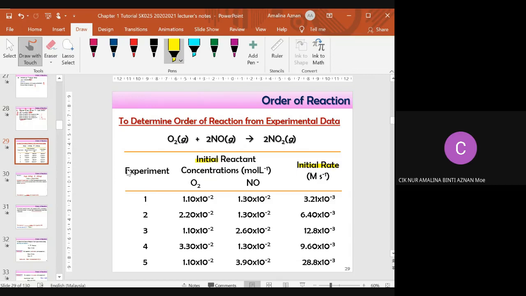Okay, so biasanya kalau kamu ada this set of question, okay, kamu perlu pakai initial rate method untuk tentukan the order of reaction.